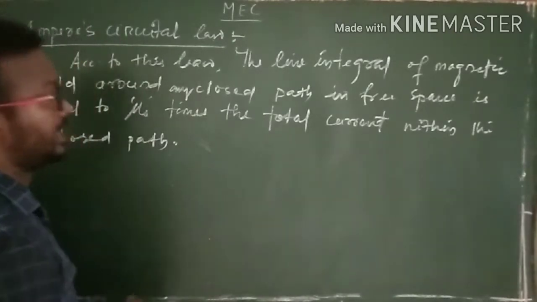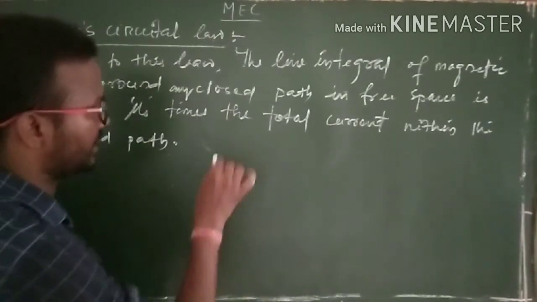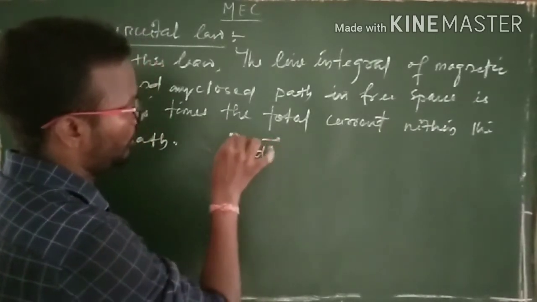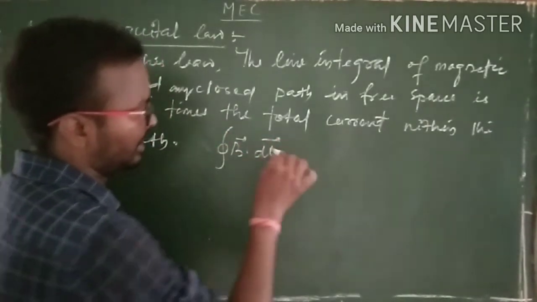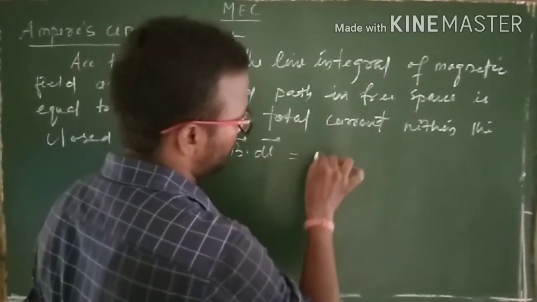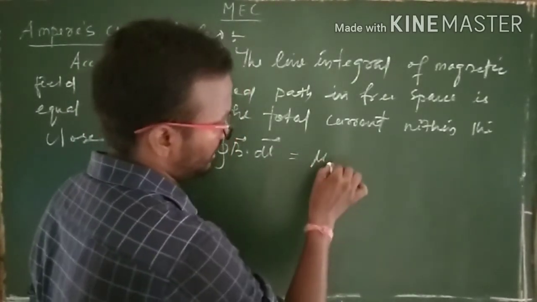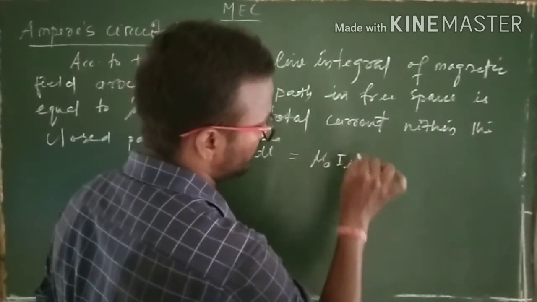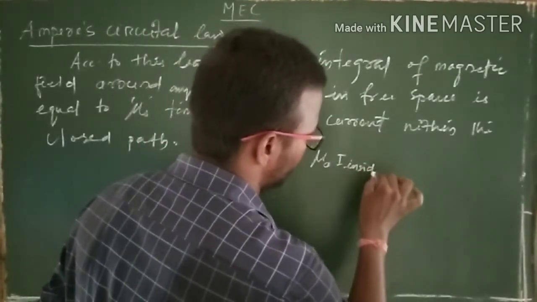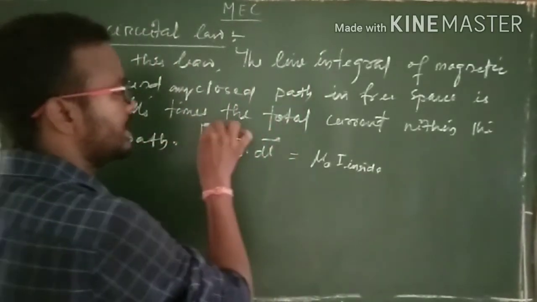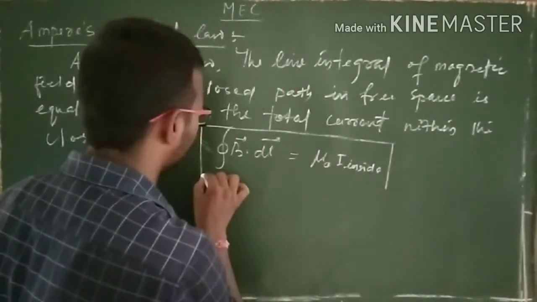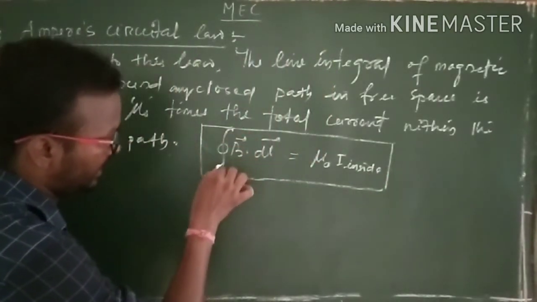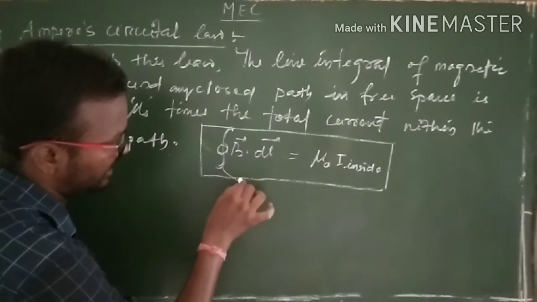Its mathematical formula is the closed integral of B dot dl, which is equal to mu naught times the total current within the loop or inside the loop. This is the mathematical form of Ampere's circuital law, and this integral is known as the line integral.